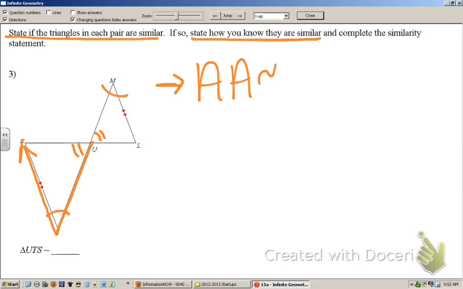So notice that U corresponds to U. So it's going to be triangle U. And here's T. So what corresponds to T? M. And then L is left. So there's my parts that I have to have. I have to have triangle UML and angle-angle similarity. Moving on.